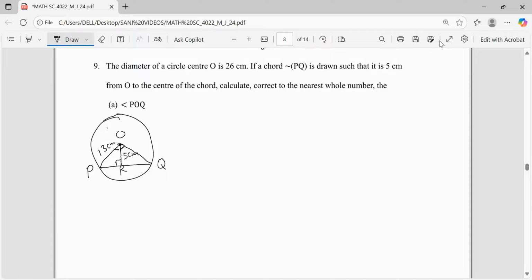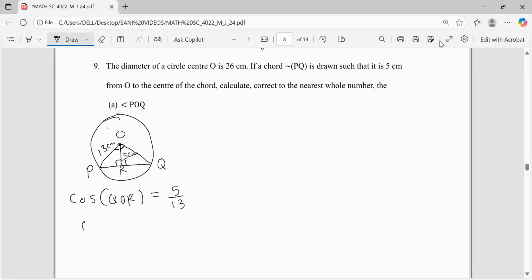So cos QOR, using any of the two right angle triangles, is equal to 5/13.